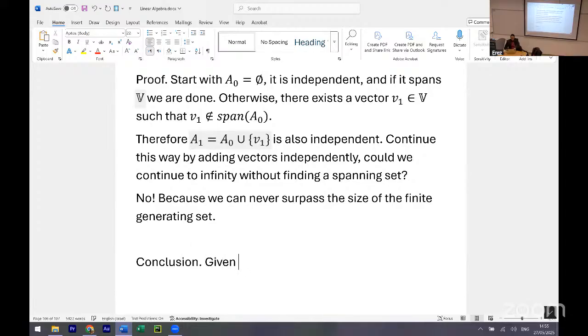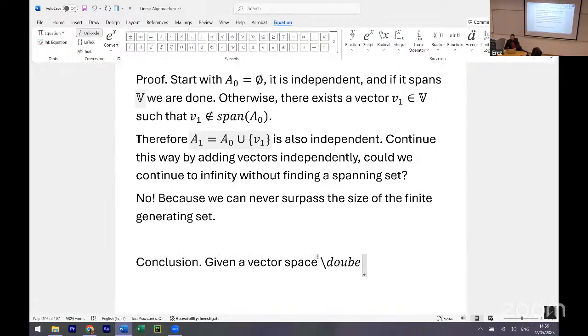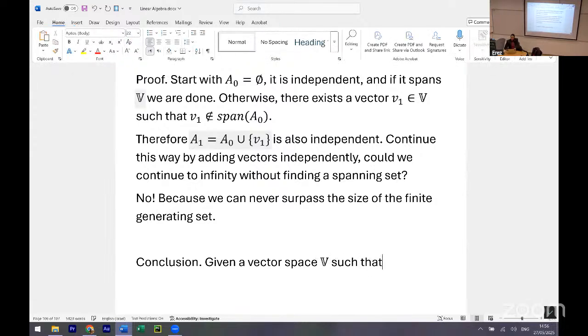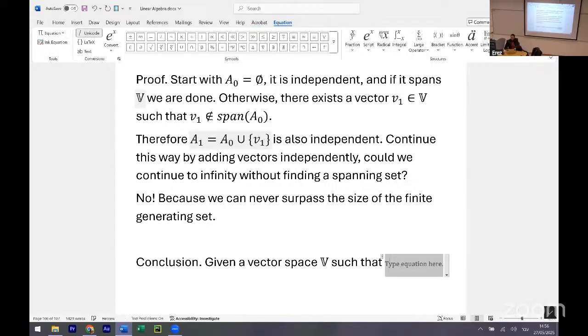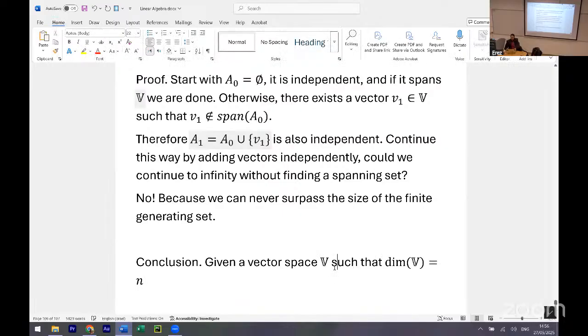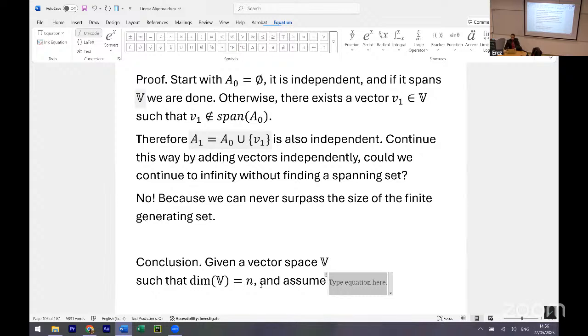Given a vector space V such that its dimension is n. So it's a finitely generated vector space. We have n vectors that span it.